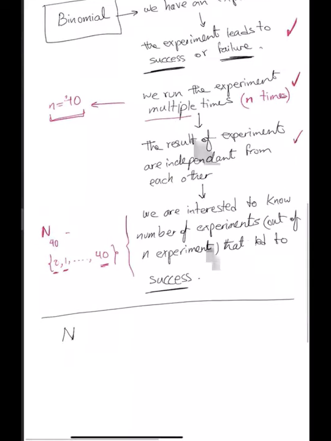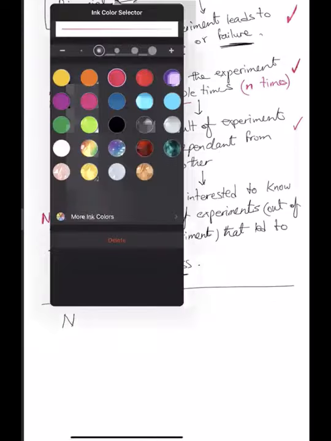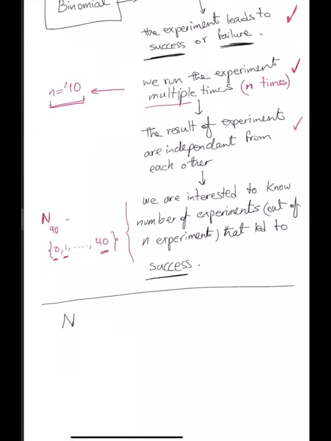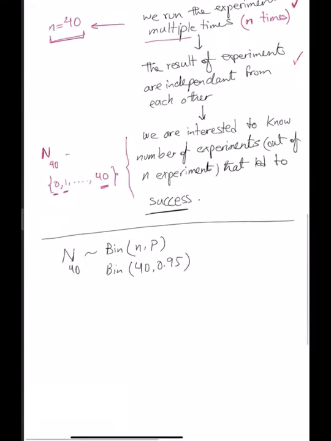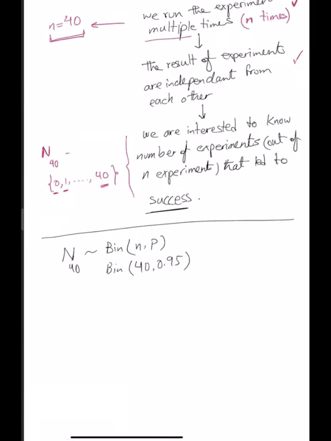So now with this setup, I'm dealing with a new random variable, not the ones that we had in part A. This is N40, which has binomial distribution with parameters n and p, where n is 40 and p is still 95%. The chance of being correct, or success, is 95%.